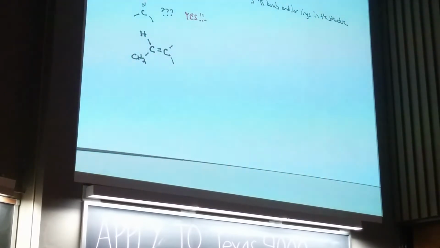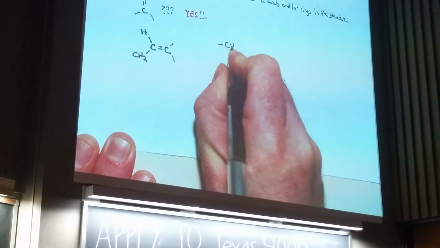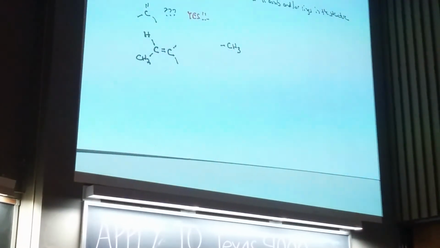What do you think that 3-proton singlet is due to? A methyl group. A methyl group, how many hydrogens are on the carbon bonded to that methyl group? 0. How do I know 0? Because if it's a singlet, it must be neighboring 0 hydrogens.